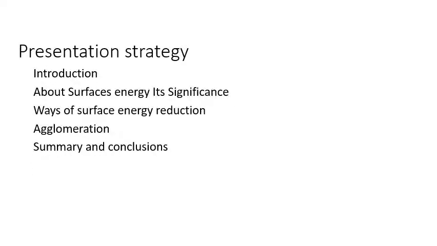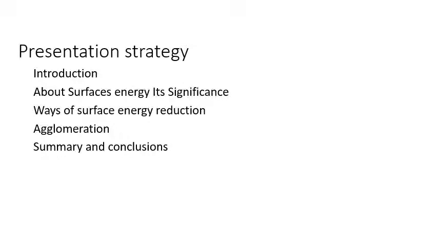First, we will introduce what surface energy is and what its significance is. Then we will study the ways to reduce surface energy. There are several ways, and we will discuss these one by one.